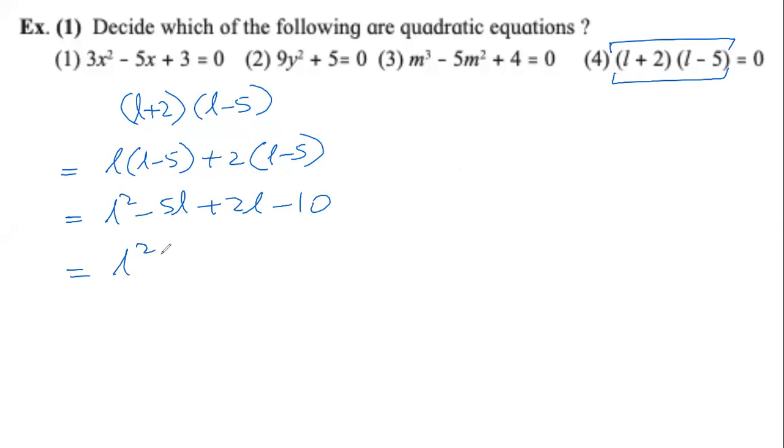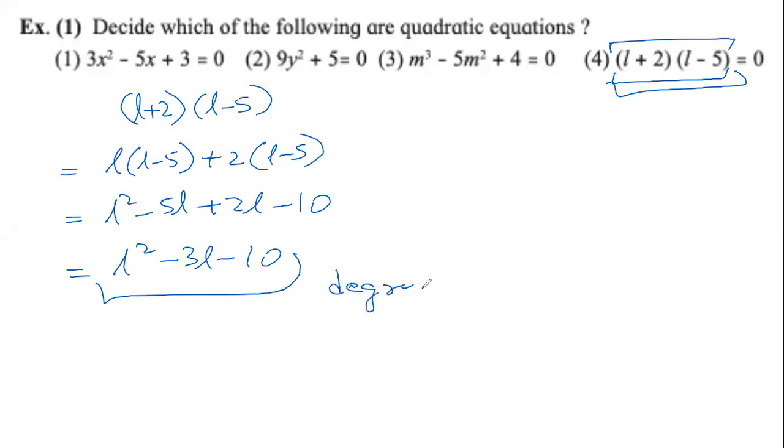So L square minus 3L minus 10. Now this is the polynomial written in this way. Now it is clear that the degree equals 2. So yes, it is quadratic. It is a quadratic polynomial.